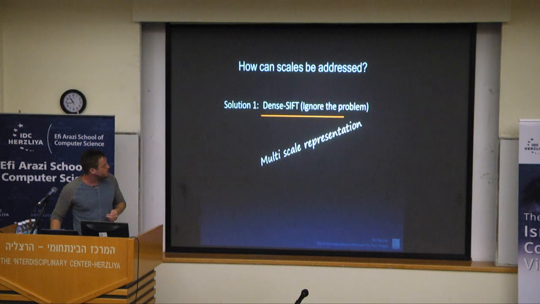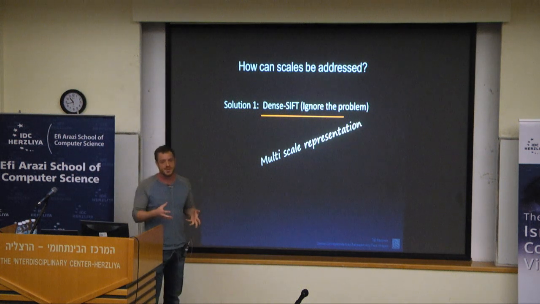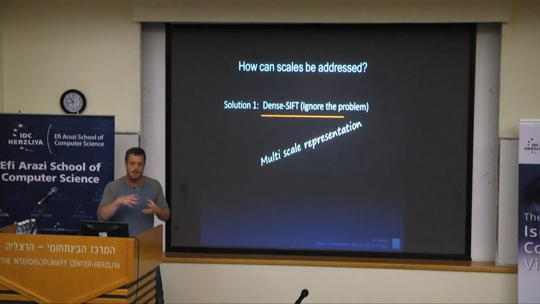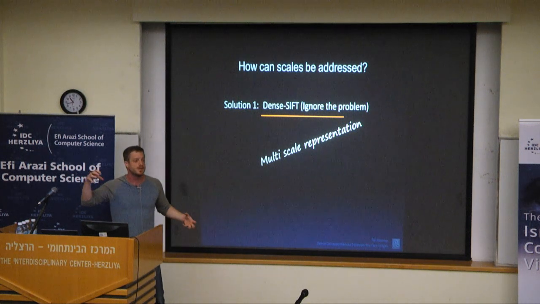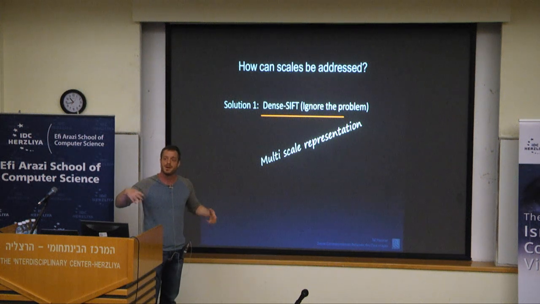Another approach would be to use a multi-scale representation. Multi-scale representations are descriptors which were designed to pack into them information from multiple scales and allow this information to be effectively compared between different descriptors.